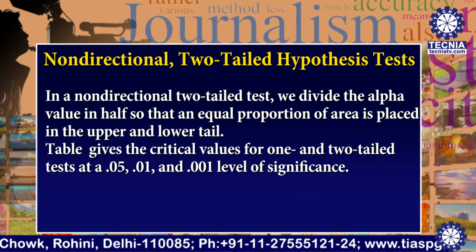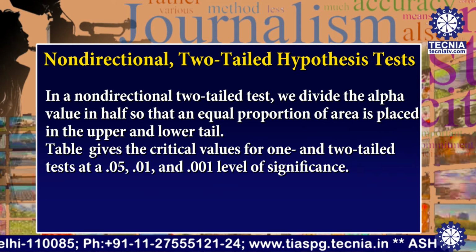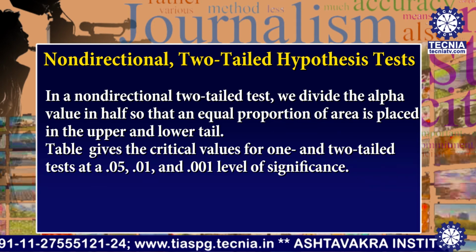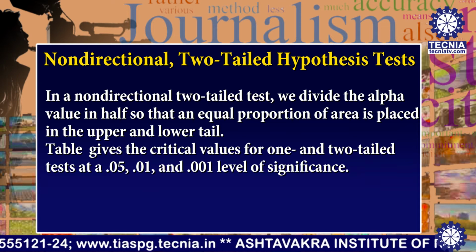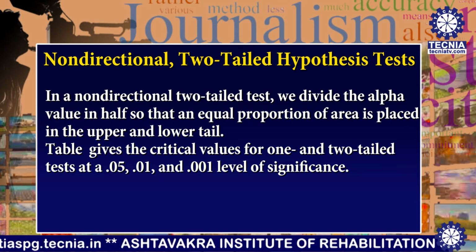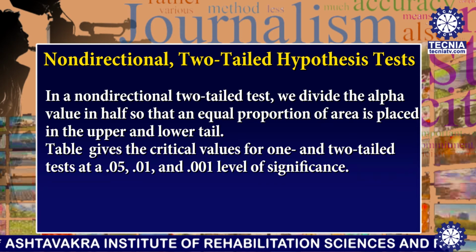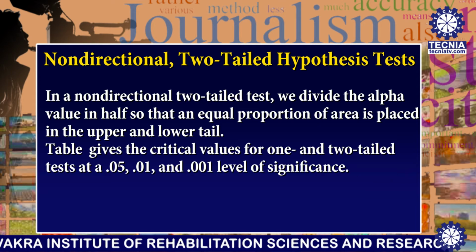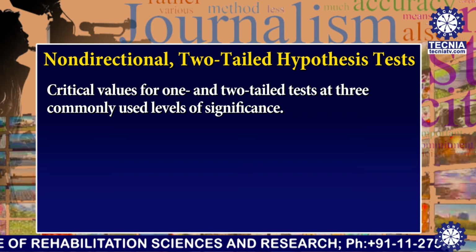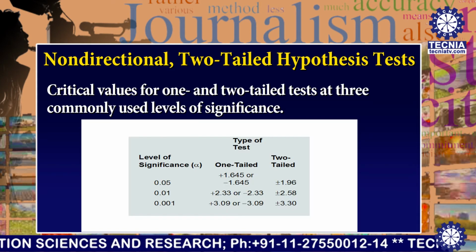In a non-directional two-tailed test, we divide the alpha value in half so that an equal proportion of area is placed in the upper and lower tail. The table gives the critical values for 1 and 2 tail tests at 0.05, 0.01 and 0.001 levels of significance. Critical values for 1 and 2 tail tests at three commonly used levels of significance are represented in the table.